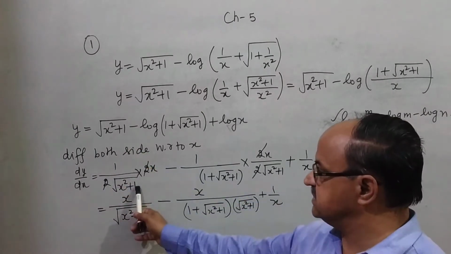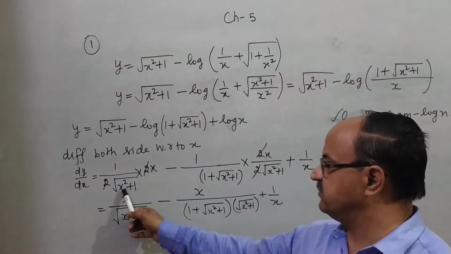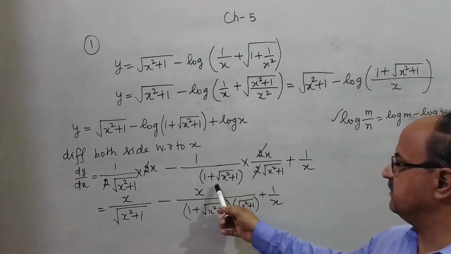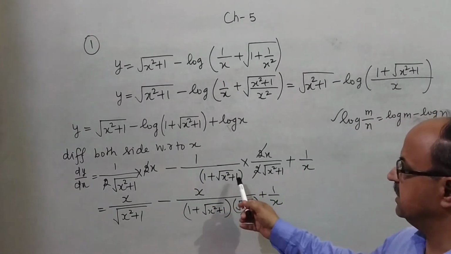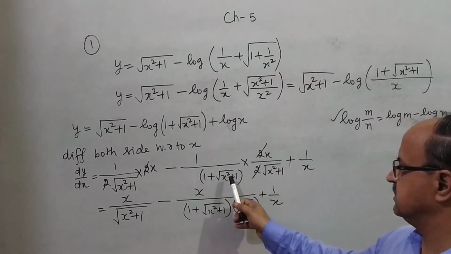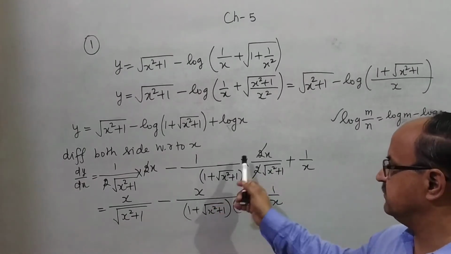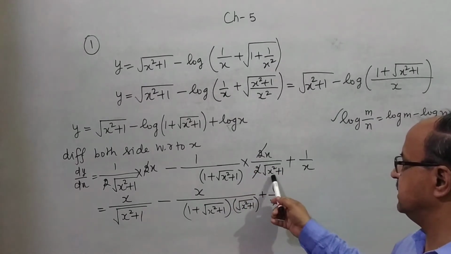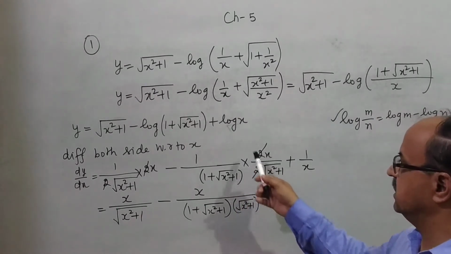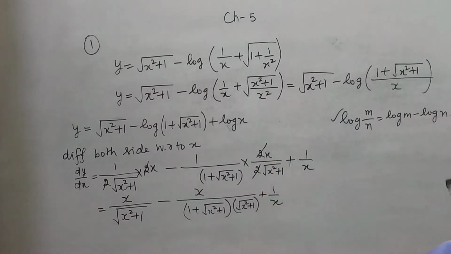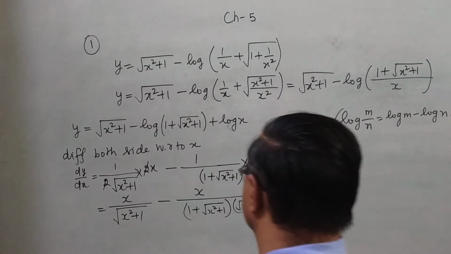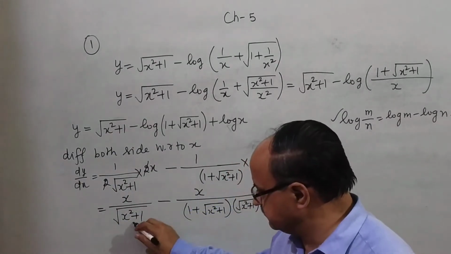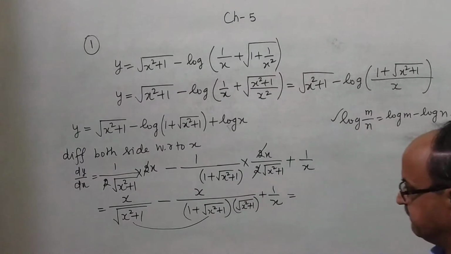The derivative of this is 1 by 2 root x, and the derivative of x square is 2x. The derivative of log x is 1 upon 1 plus root x square plus 1, and the derivative of this here: the derivative of 1 is 0, and the derivative is 1 by 2 root x square plus 1, and the derivative of x square plus 1 is 2x. Here the derivative of log x is 1 by x. Correct? Now you can take common. Can you tell me the common from this and this?